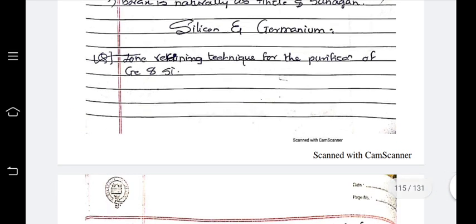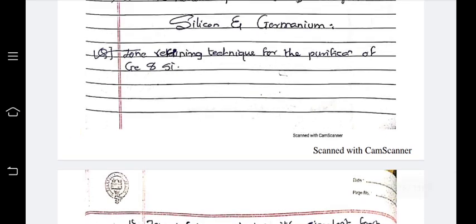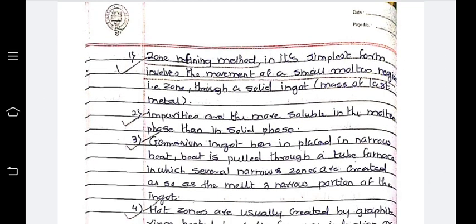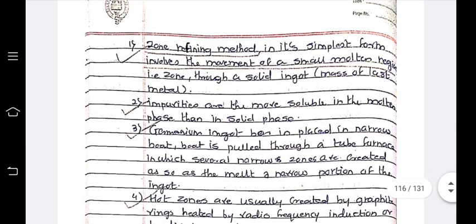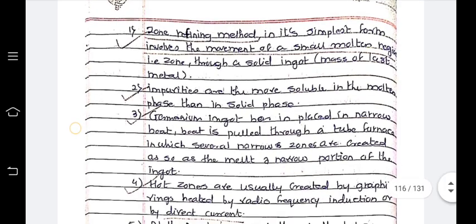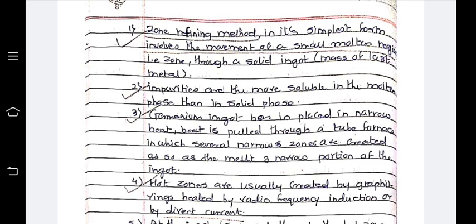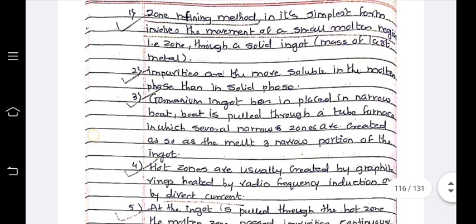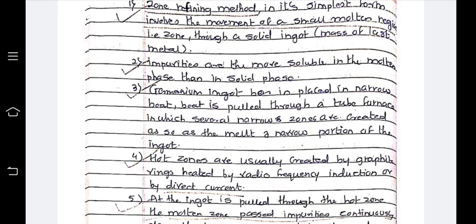Next, silicon and germanium. Refining techniques for the purification of germanium and silicon. The zone refining method in its simplest form involves the movement of a small molten region, that is a zone, through a solid ingot of the impure metal.